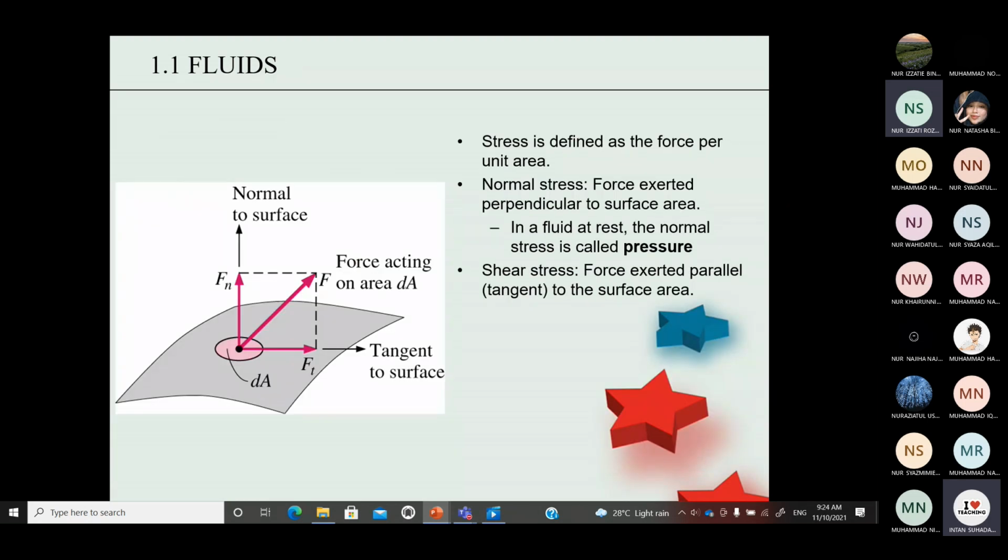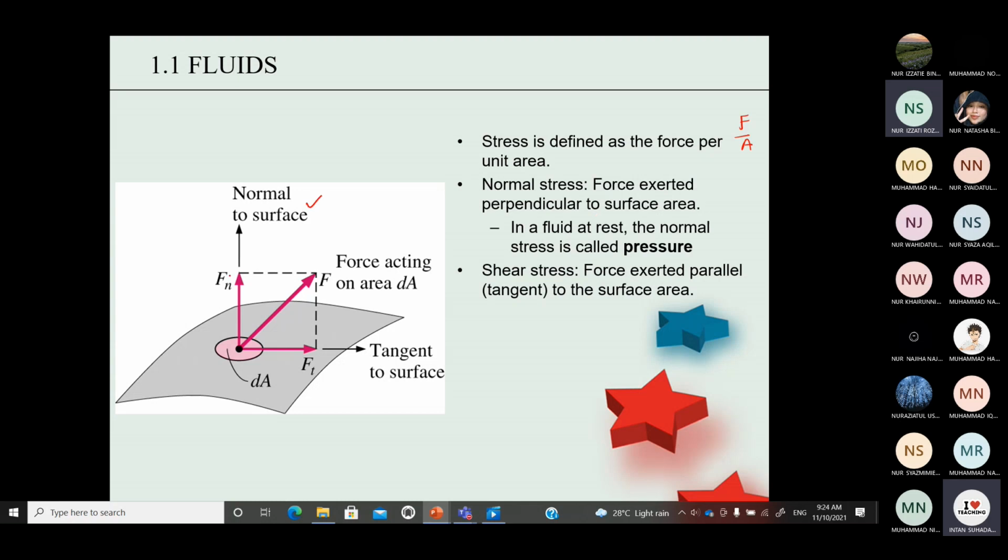So this one is just to summarize back. Stress is defined as force per unit area. Normal stress, as you see in the video, is a force exerted perpendicular to the surface area.